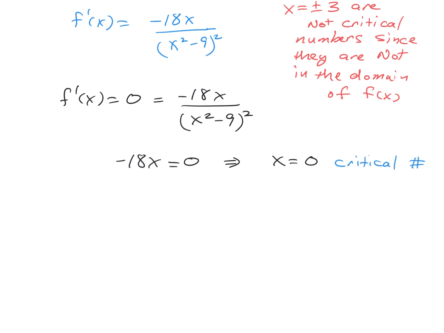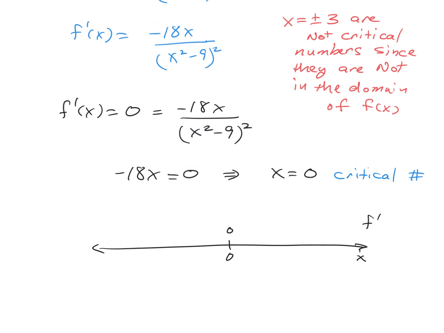All right, next up for us is to draw a number line where we plot the sign of the derivative. So we're going to place 0 on that number line and then study the value of the derivative for values that are larger and less than 0.